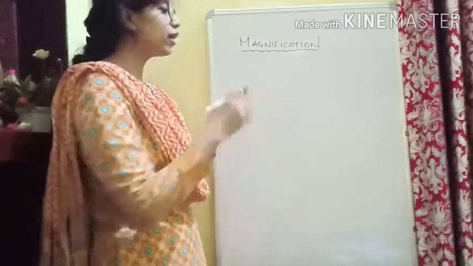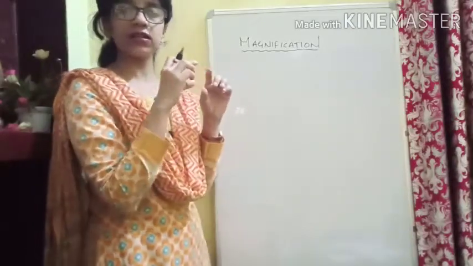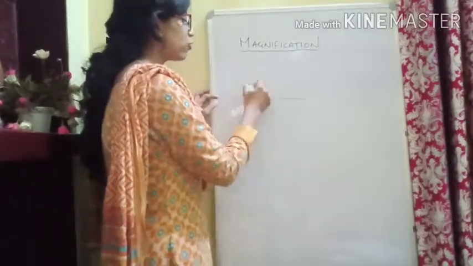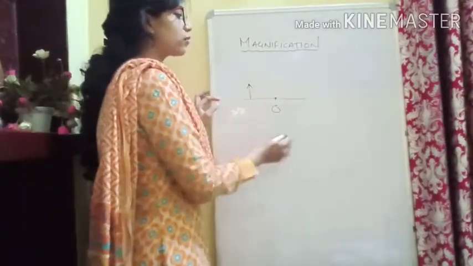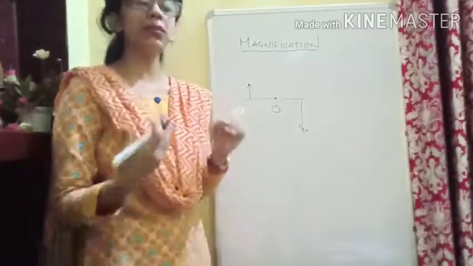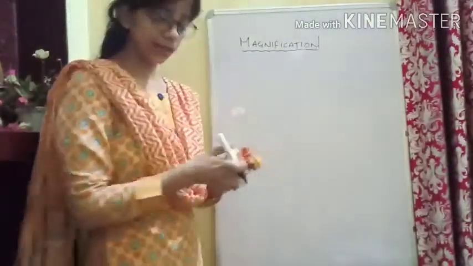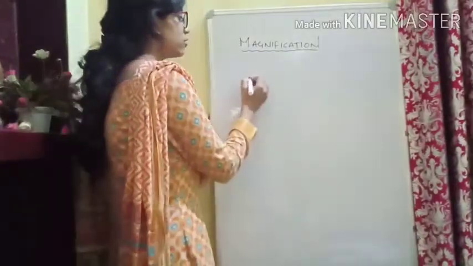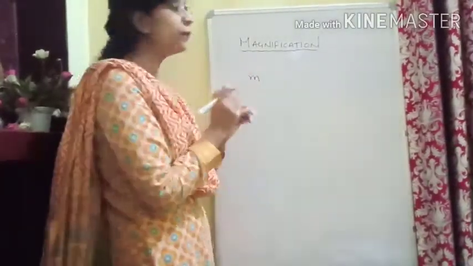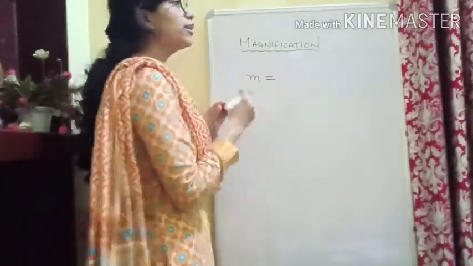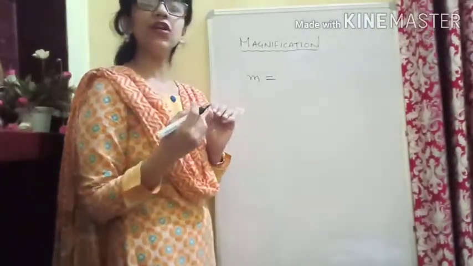Like if we are placing an object of 5 centimeter height, we can always calculate how magnified the image will be. So it is all about the size of the image, and magnification, which we denote by small m, is actually the ratio of the height of the image and the height of the object.